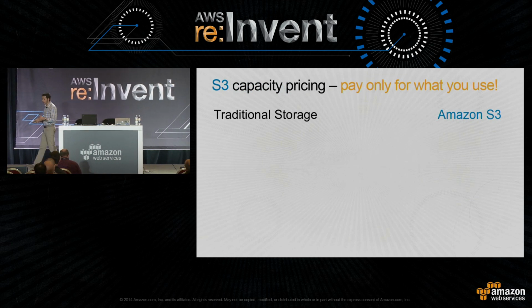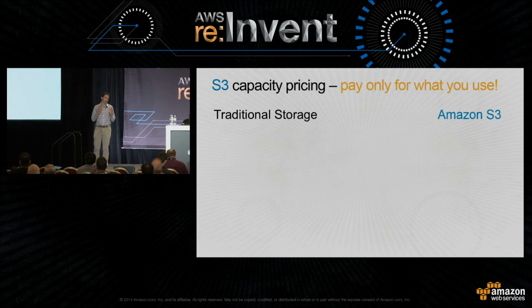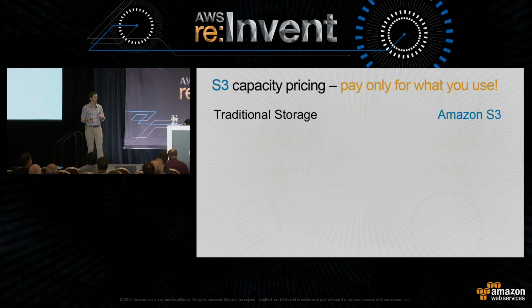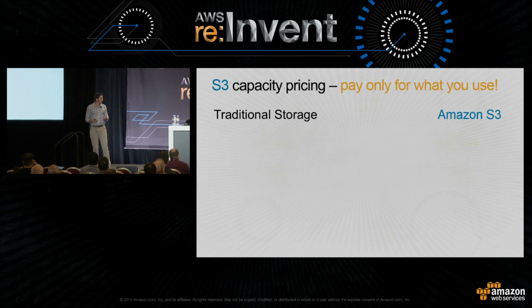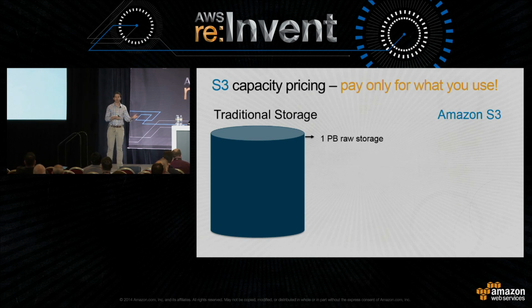So then you may ask me, oh, you got all these great benefits, but how do I compare the cost of this service? How does it stack up against what I'm paying today in my data center for traditional storage? One of the key things you need to keep in mind is that traditional storage comes in raw format, which means how many disks do I have in the system multiplied by what's the size of the disks.